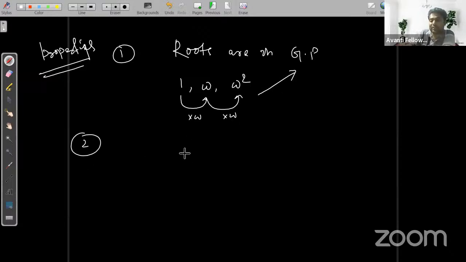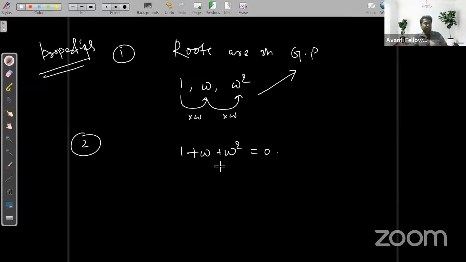What is the second property? The sum of the roots is 0. That is, 1 plus omega plus omega square is equal to 0. Yes or no? The sum of the roots is 0.